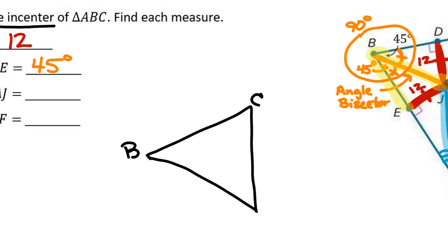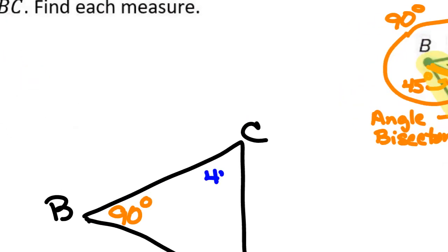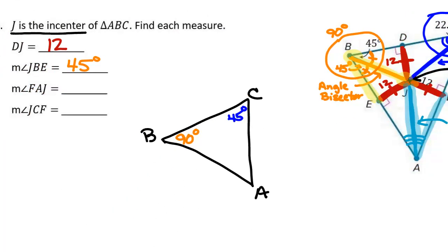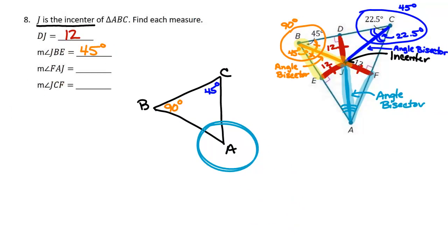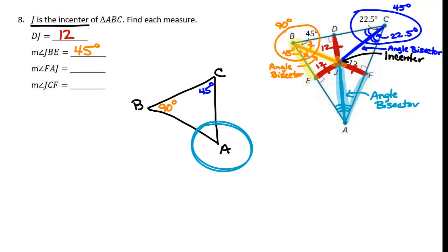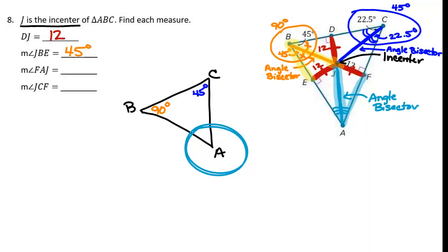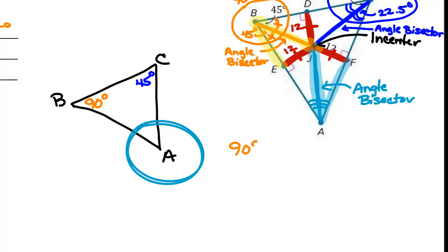So B, C, and A. We said this is 90. Even though it doesn't look like a right angle in the picture, that doesn't matter. This one is 45. So what do I do to figure out this one? What do I need to set equal to 180? All the angles. So we're going to take the 90 plus the 45 plus the measurement of angle BAC.